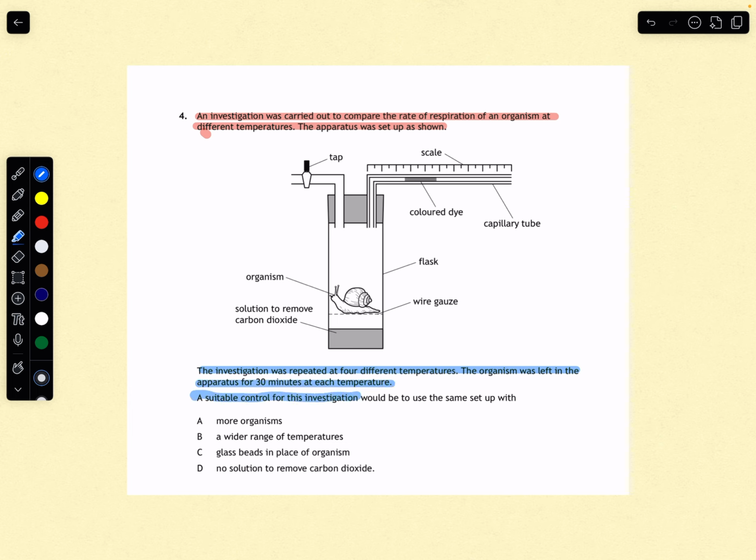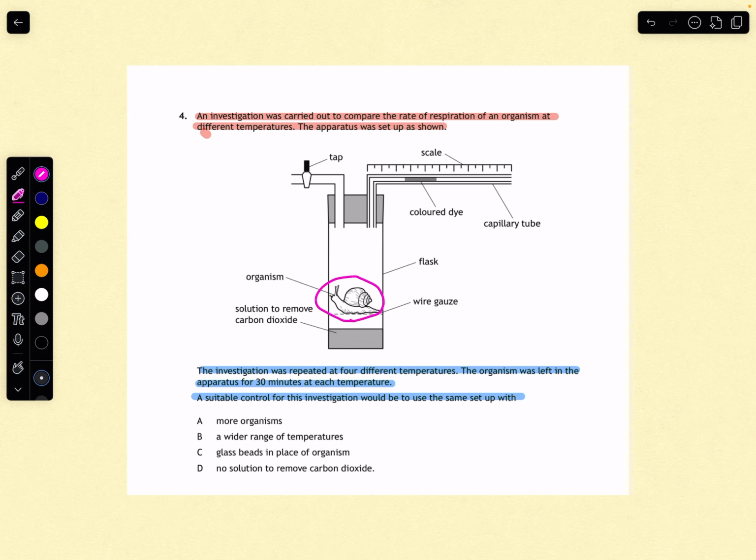A suitable control for this investigation would be to use the same setup with, what you're going to do is you are going to take away the part of this experiment that is actually respiring. So, if something is respiring, then you tend to be looking at something that is living. And in this case, when we look at what is respiring, it's the actual snail, the organism.